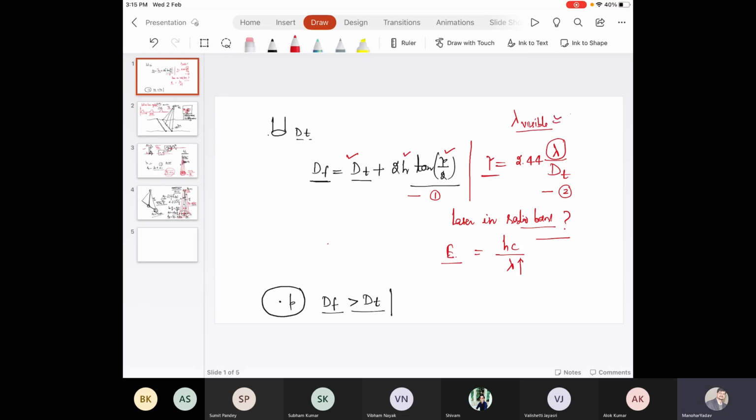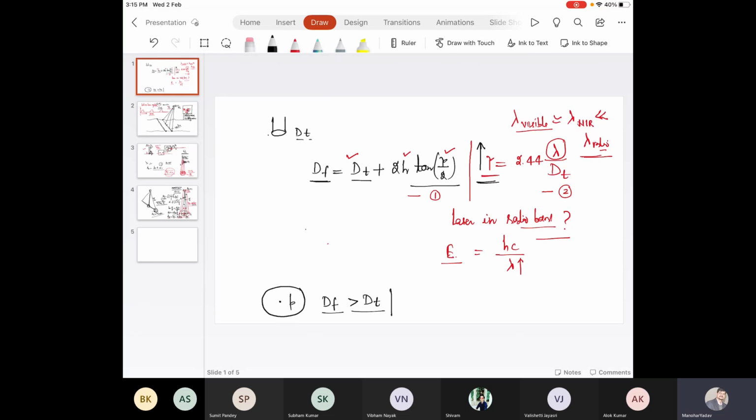It is comparatively equal to lambda in NIR. But these are very small when we select lambda in the radio band. Lambda in the radio band is very high. And by using the second formula, you can see this diffraction deviation will increase.